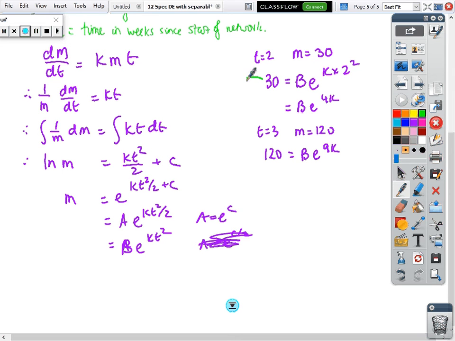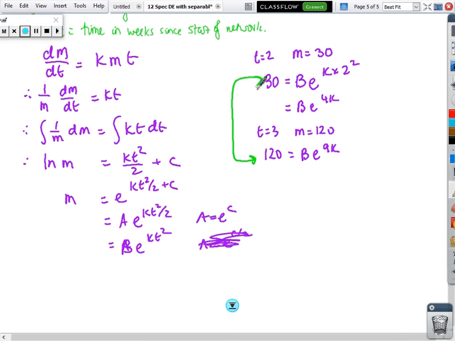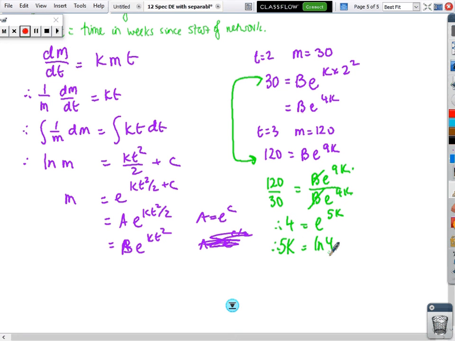So we're going to combine those two equations. So we're going to divide. So 120 over 30 equals b e to the 9k over b e to the 4k. These cancel out. And then division is subtraction. So 5k equals log 4.